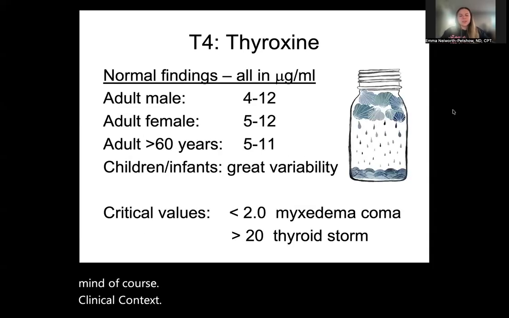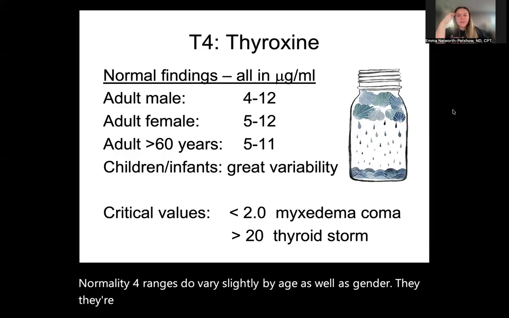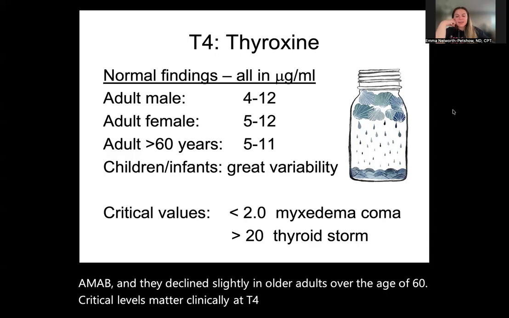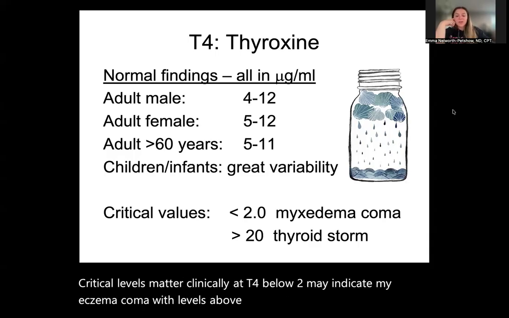Normal T4 ranges do vary slightly by age as well as gender. There are slightly higher values in our AFAB population compared to AMAB, and they decline slightly in older adults over the age of 60. Critical levels matter clinically. A T4 below 2 may indicate myxedema coma, with levels above 20 raising concern for a thyroid storm.